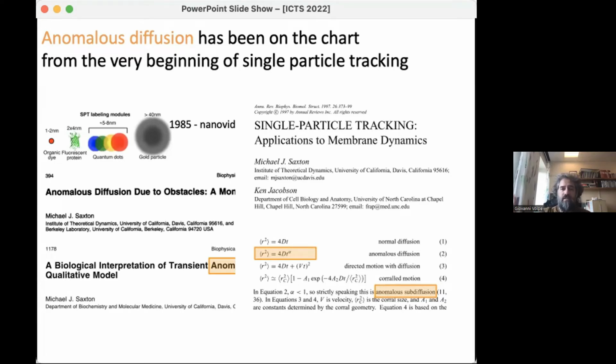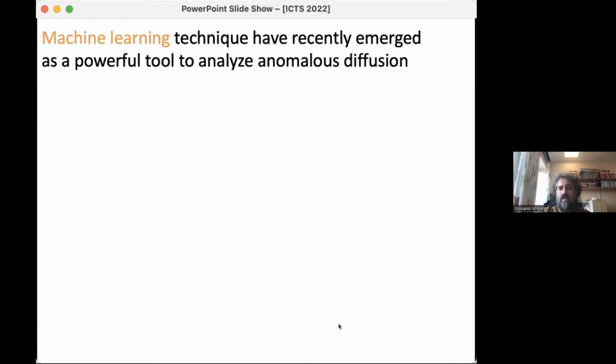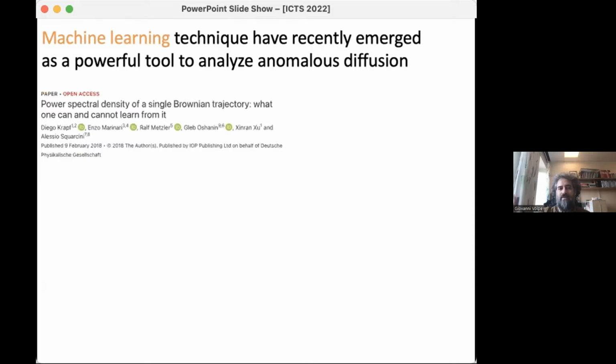In the last few years, several tools have been employed from the field of machine learning in order to measure anomalous diffusion from trajectories. And just a few years ago, like in 2019, a wealth of papers came out.